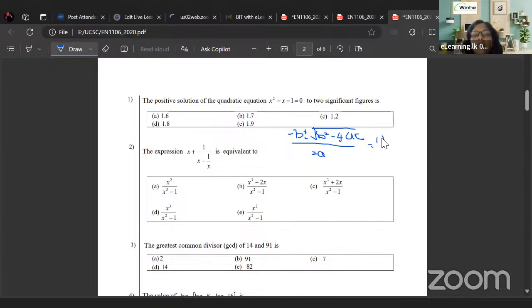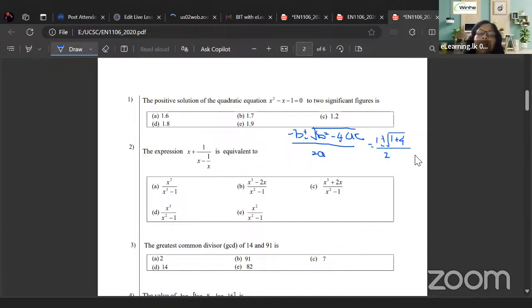Plus or minus square root of b squared, which is 1, minus 4ac, which is plus 1, then plus 4, divided by 2.